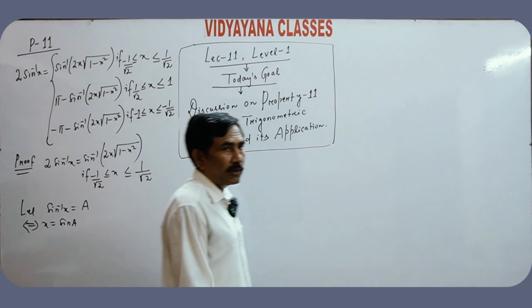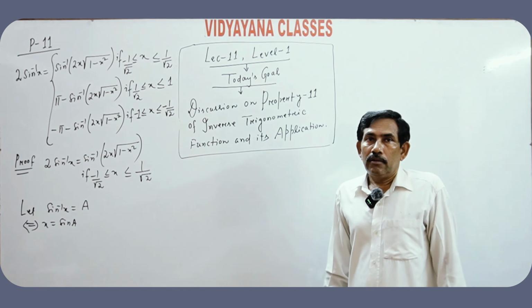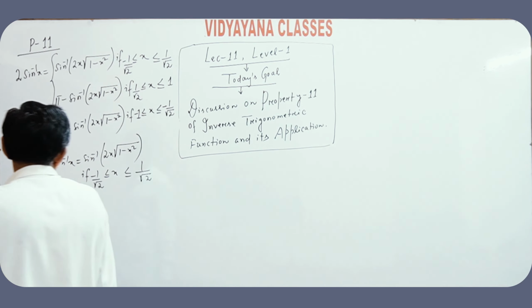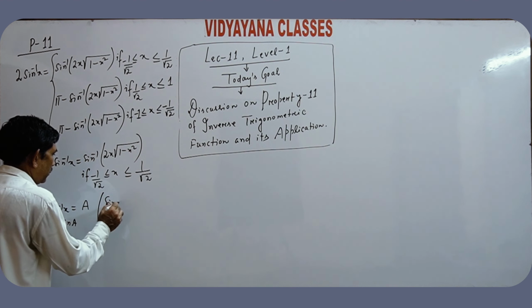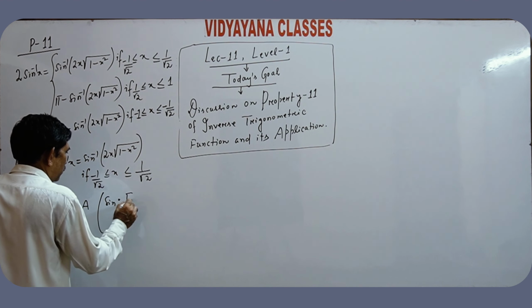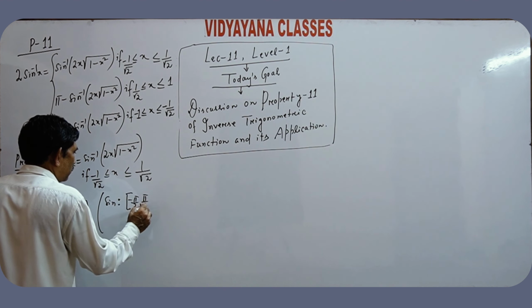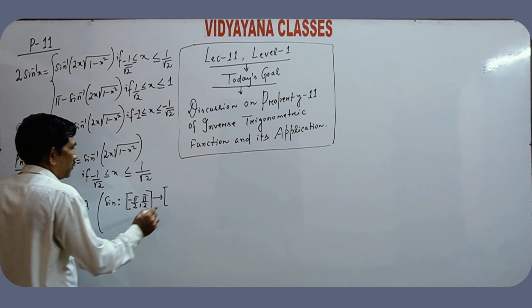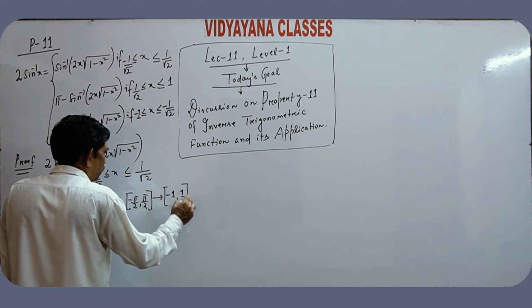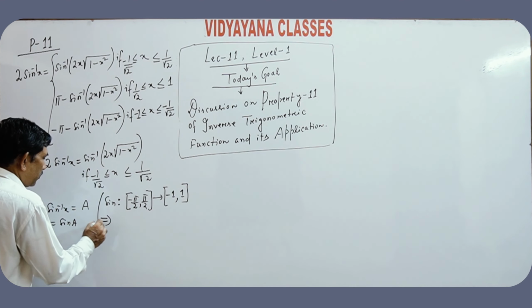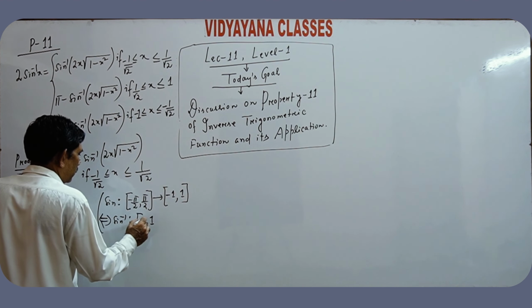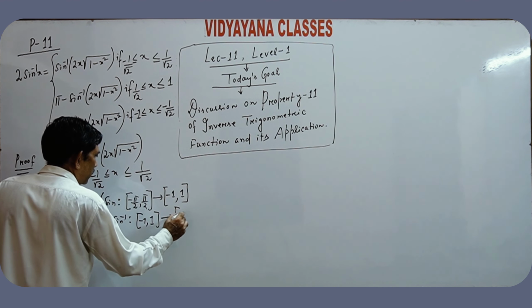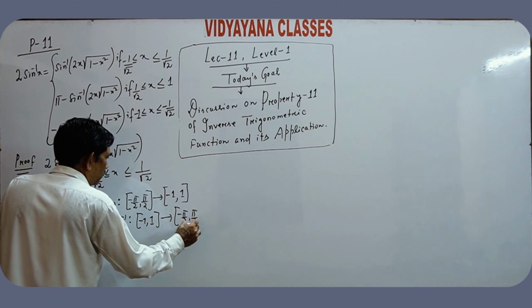Since the sine function is invertible when it is defined from the closed interval minus pi by 2 to pi by 2 to the closed interval minus 1 to 1, sine inverse maps the closed interval minus 1 to 1 to the closed interval minus pi by 2 to plus pi by 2.